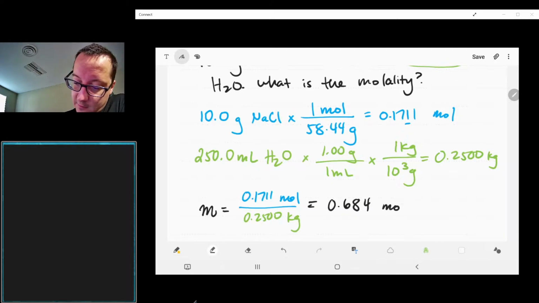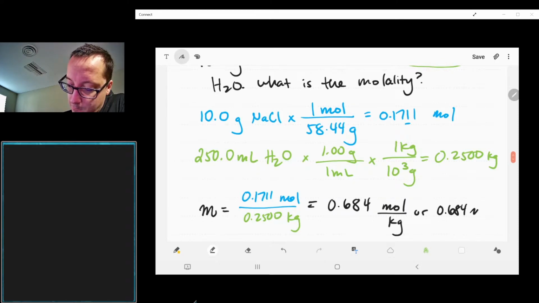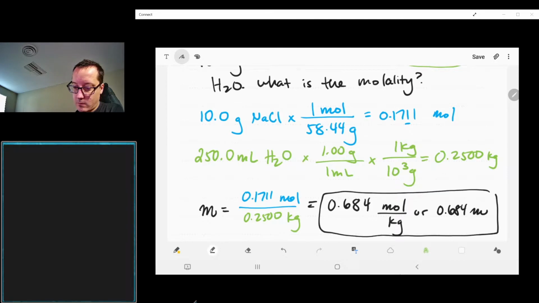You can either leave this as mole per kilogram or just simply squiggly m will work. Either way is fine. The same with molarity. If you leave it as moles per liter or capital M, doesn't matter. Same thing. So, hooray.